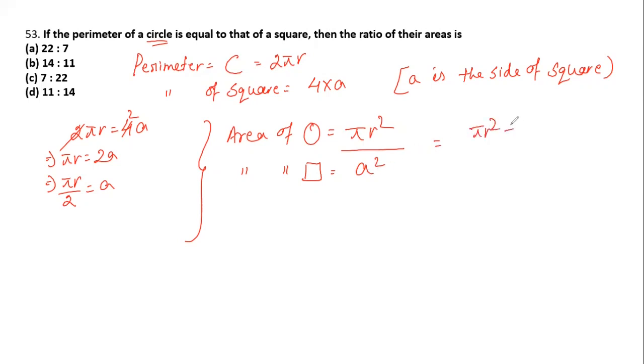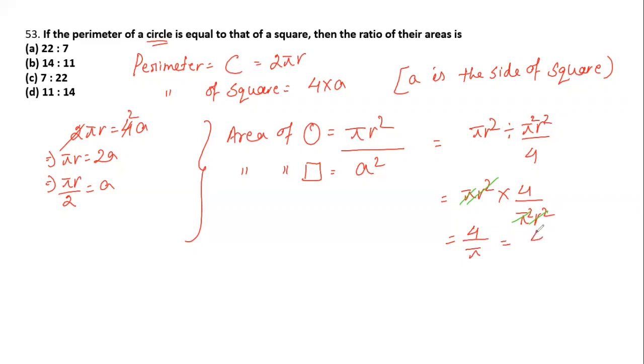Pi r square divided by pi square r square upon 4, because square of 2 will be 4. So pi r square multiplied by 4 upon pi square r square. After simplification, one pi and r square get simplified. So what remains is 4 upon pi, right?